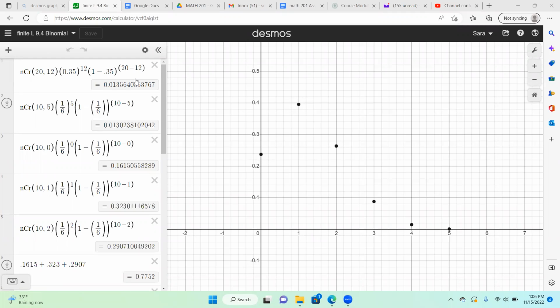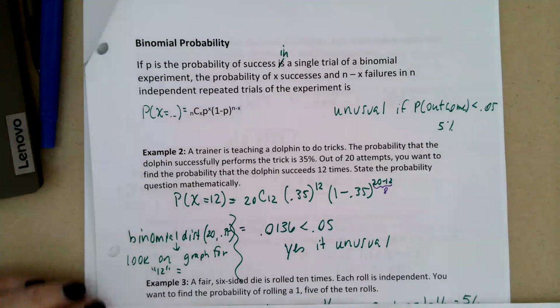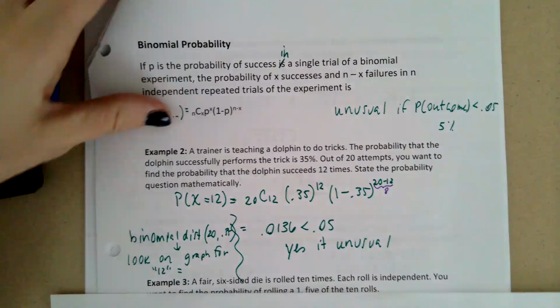So that likelihood is 0.0136. Let's look at the next example. We'll come back to this binomial stuff in a minute.